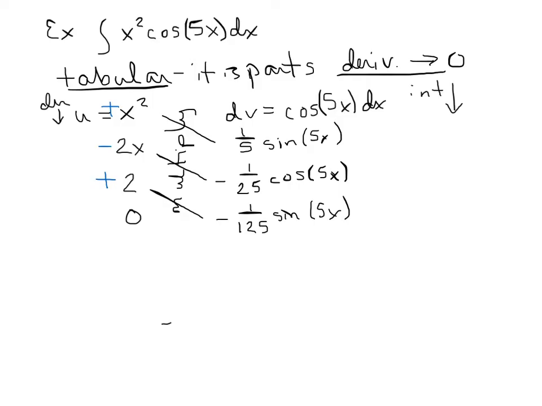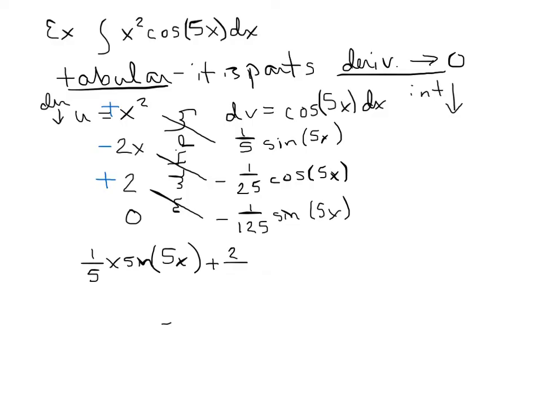Okay, so this first diagonal here has x squared multiplying 1/5 sine of 5x. The next diagonal has a negative 2x times a negative 1/25 cosine. So negative times negative is positive.